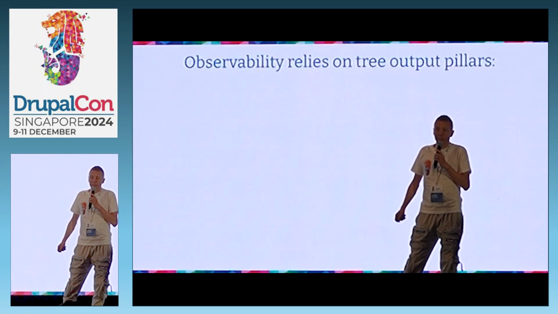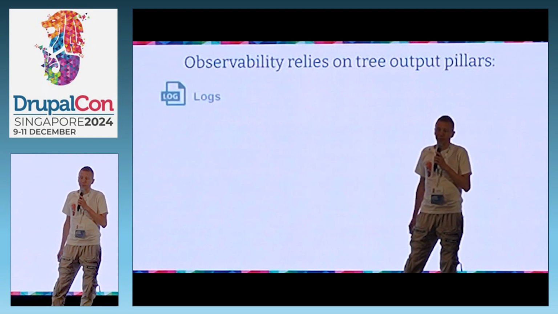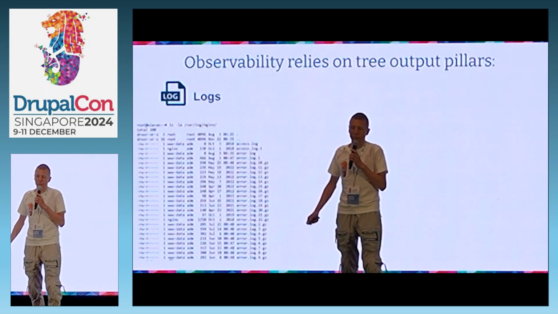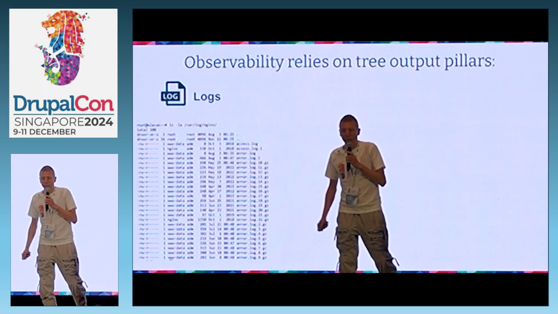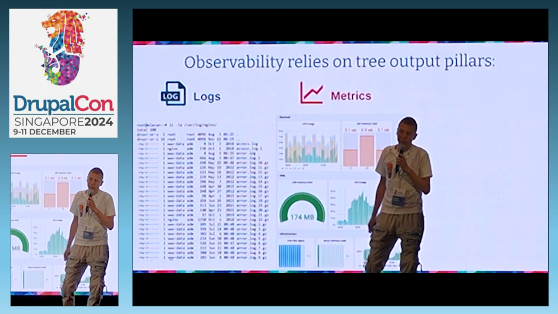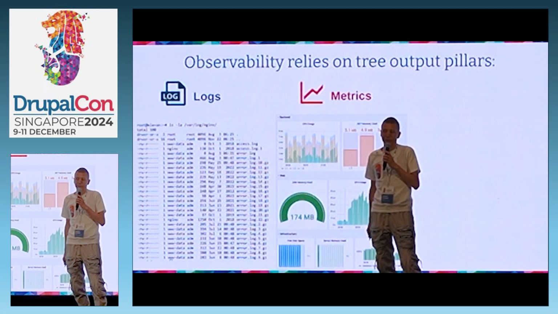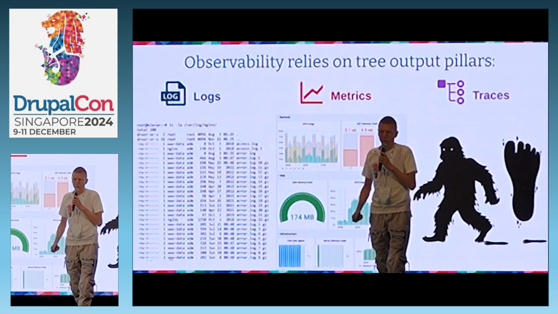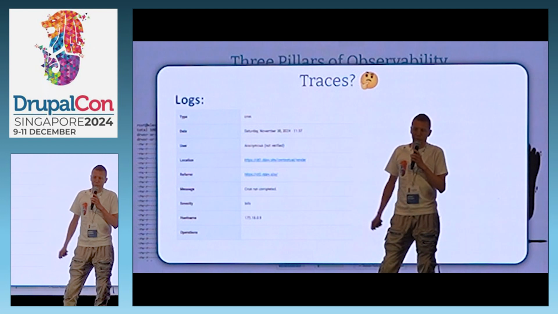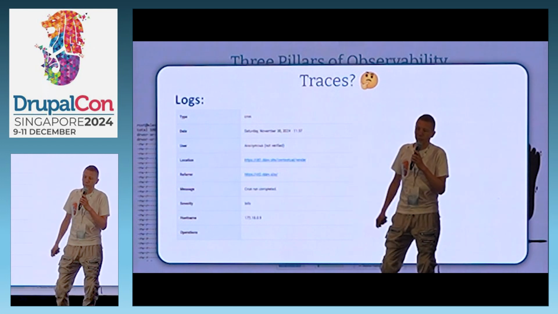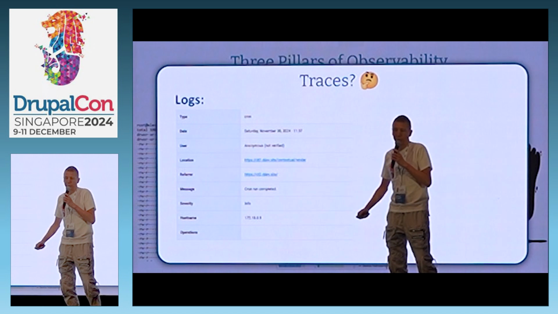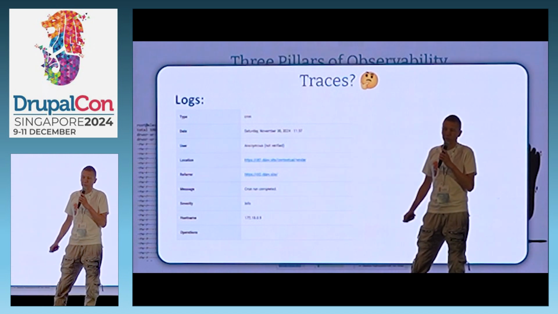But observability relies on three output pillars. The logs, you know logs, those files with boring text lines. And metrics, those colorful charts that can look great. And traces. Oh, traces. What is it, traces? You know logs, right? These lines with message type, date, and other fields.